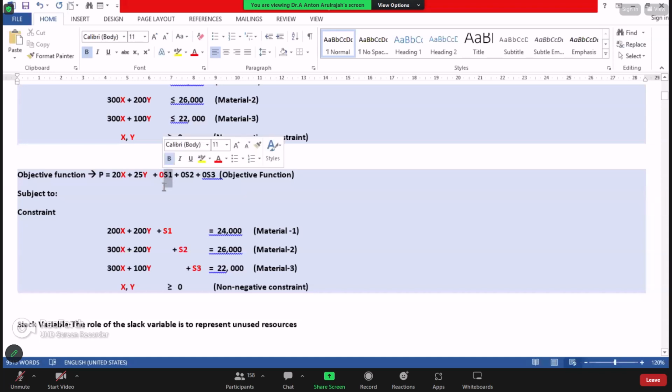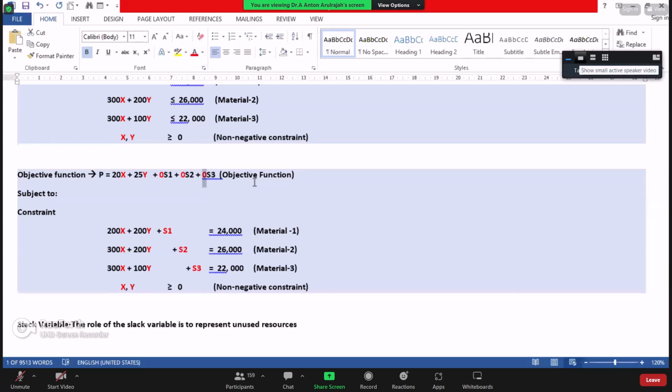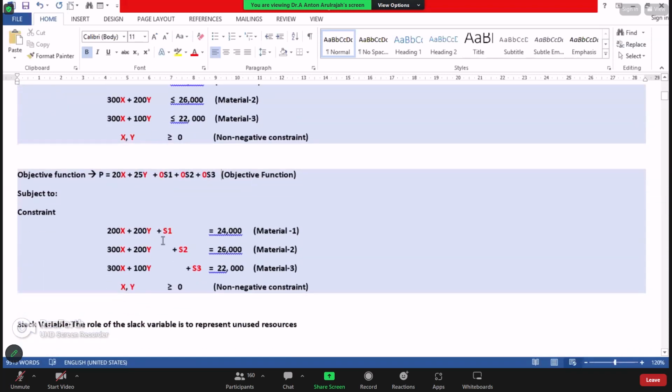S1 in terms of profit is 0. Unused resources give no profit. So now you can see we have converted into this standard form.